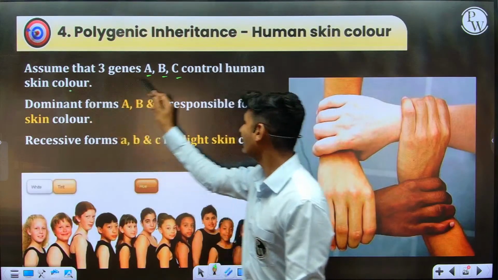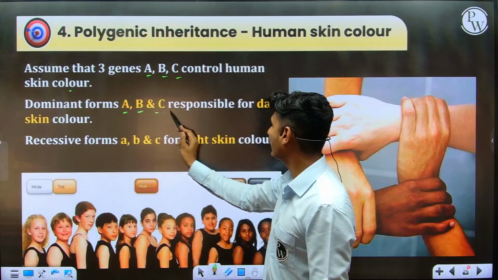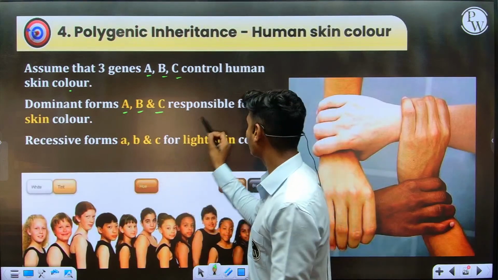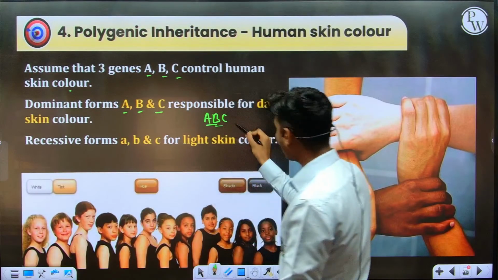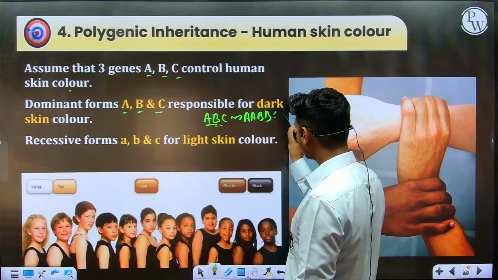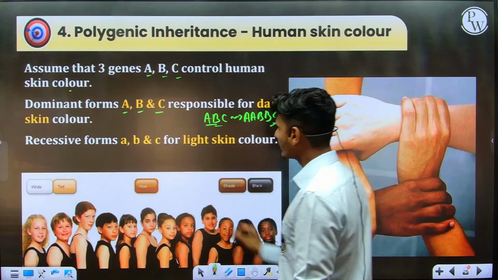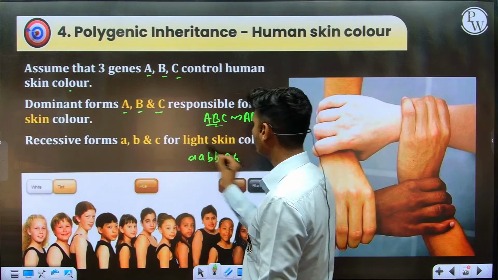Only one character, how many genes? 3. The dominant forms, capital A, B, C, represent the darker color. Capital A capital A, capital B capital B, capital C capital C show the dark color. Small a small a, small b small b, small c small c show the light color.